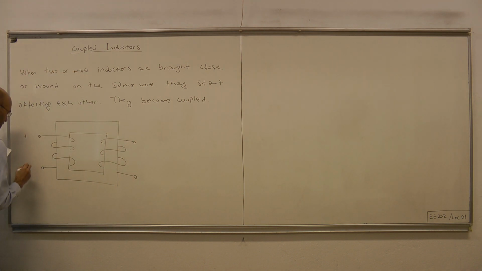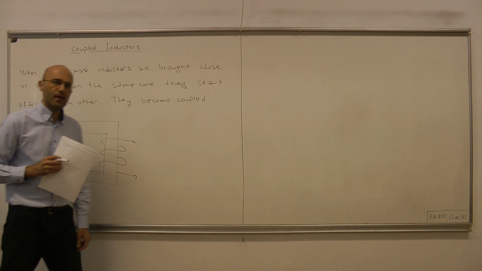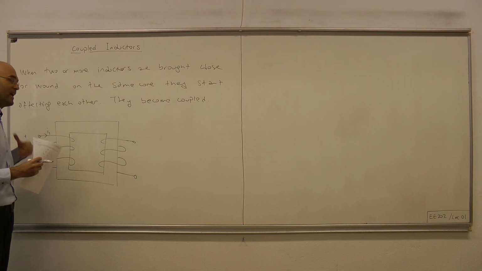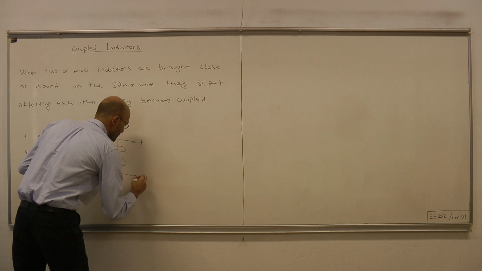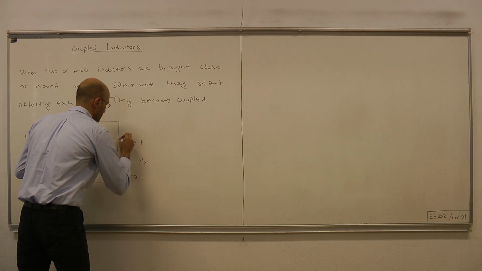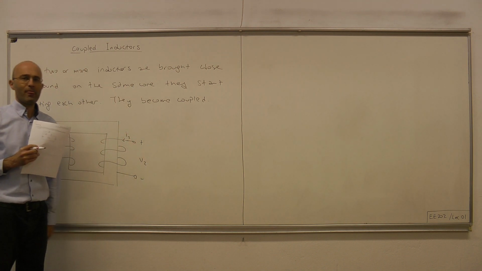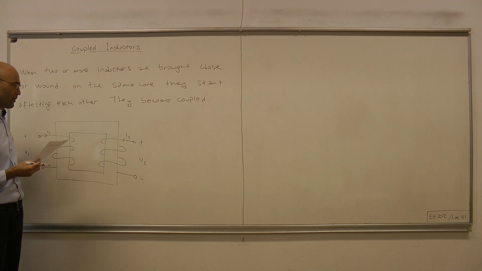Let's label the voltage and current here as V1 and I1, obeying always passive sign convention. And similarly, we label the voltage and current here as V2 and I2.